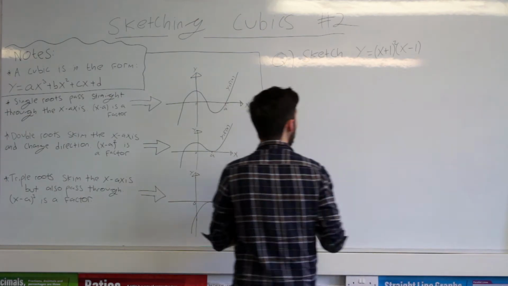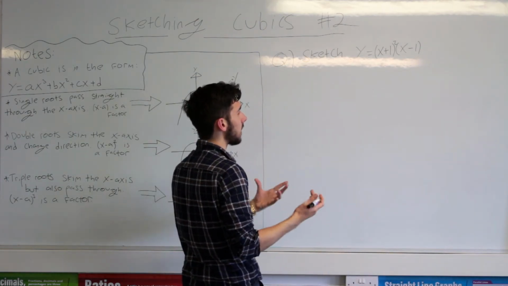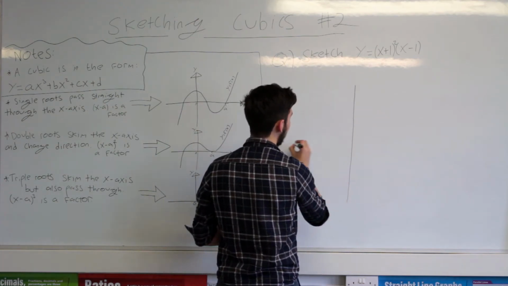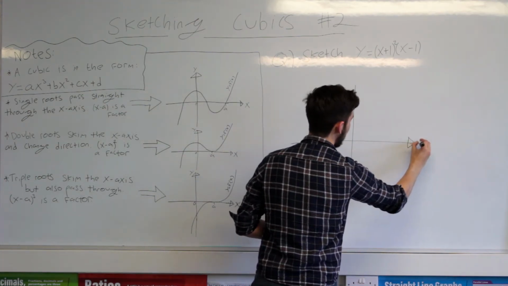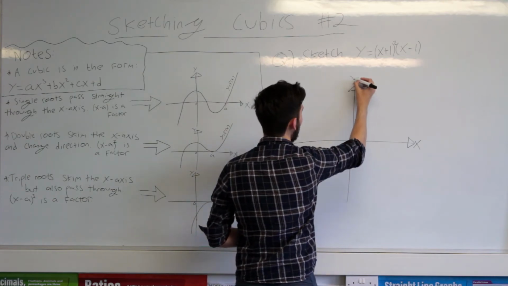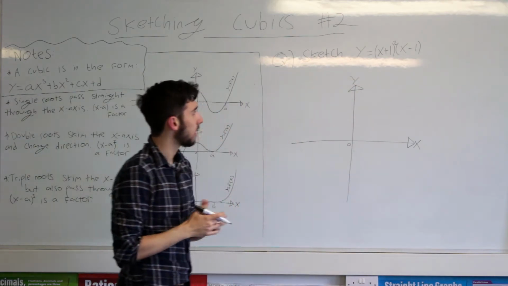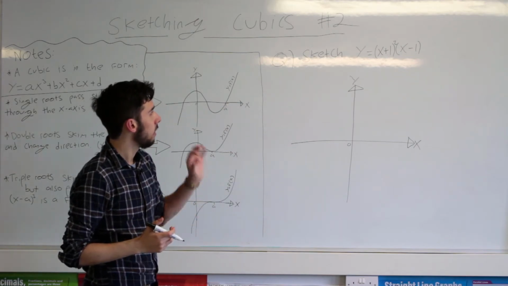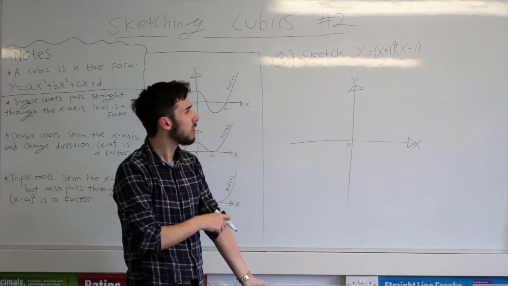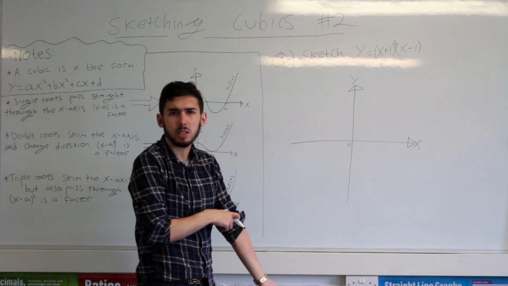Okay, so let's sketch y equals (x plus 1) squared times (x minus 1). Here is the x-axis, here is the y-axis. This is 0. Okay, so let's have a look at this. First of all, how do we solve this, guys? How do we figure out what the intercepts are?